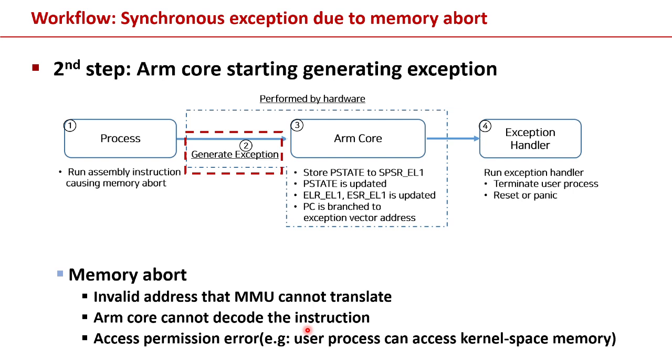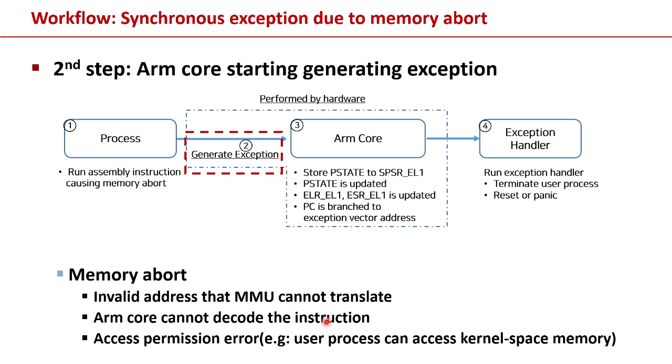This kind of thing is called a memory bit flip. If there is a problem with loading the proper assembly instruction from external memory, it might cause memory abort because if the code is corrupted, the ARM core cannot decode the instruction.